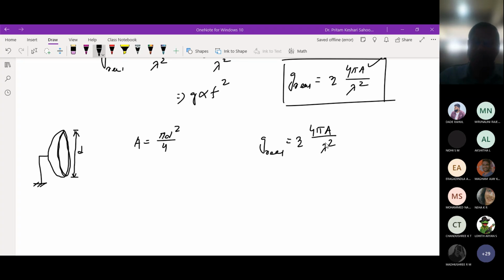This A is the physical area which we have represented here. The physical area of the antenna is equal to pi d square divided by 4.